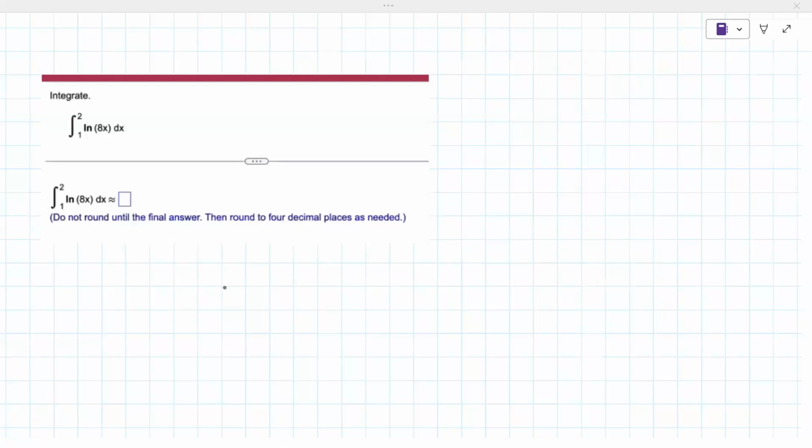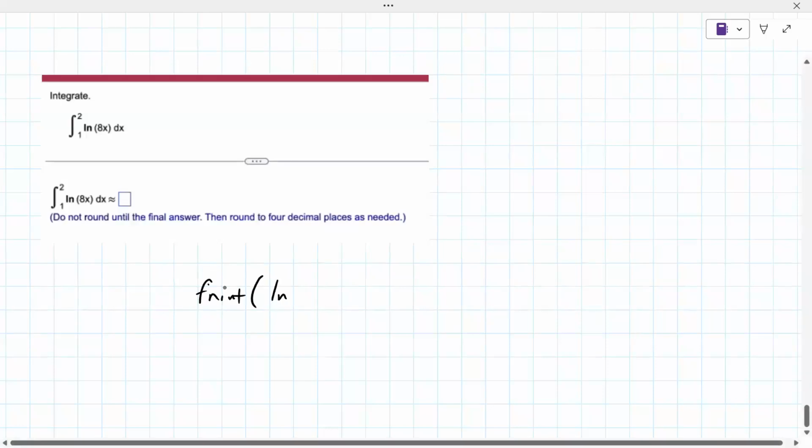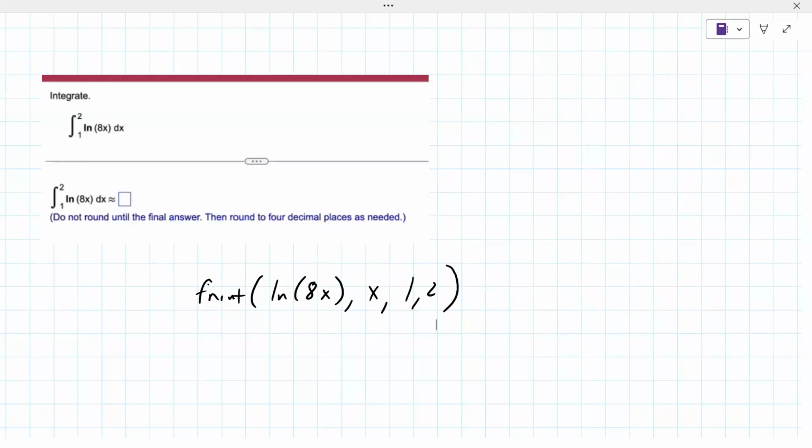We got fnInt natural log 8x, comma x, comma 1, comma 2. I got 2.465.